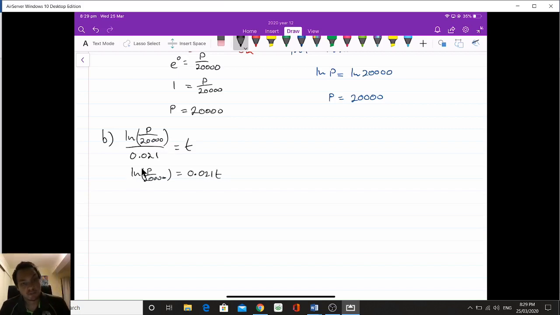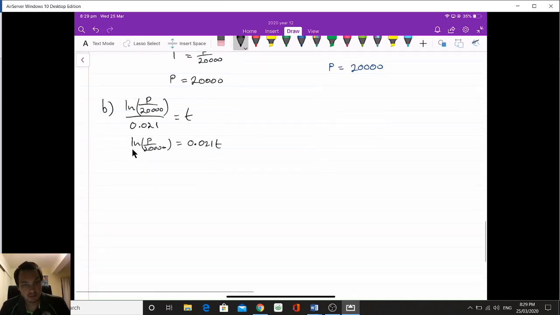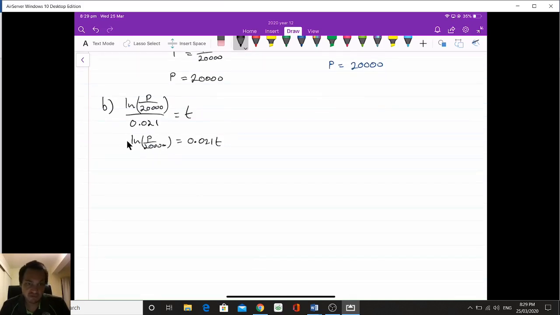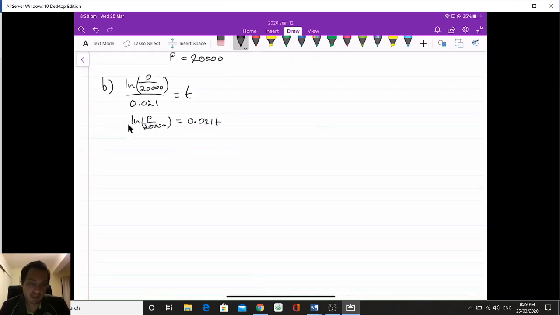To remove this ln, I'm trying to just get p, I'm just trying to shed off everything. I'll raise both sides to the power of e. That would cancel out the ln here. Or the way you do that is just changing the form: e to the power of that is equal to that.